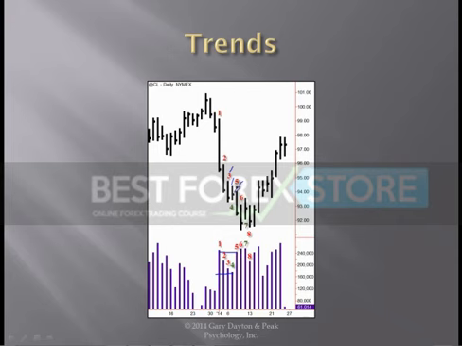Bar 6, we get even more volume than what we had on 1, and again we're not getting the wide spreads down, and we're starting to close off the low here. We're not closing right on the bottom. Then we get an up bar on sustained volume. That's bar 7. We've seen shortening of the thrust in here, but this is the first clue that demand is trying to exert itself.